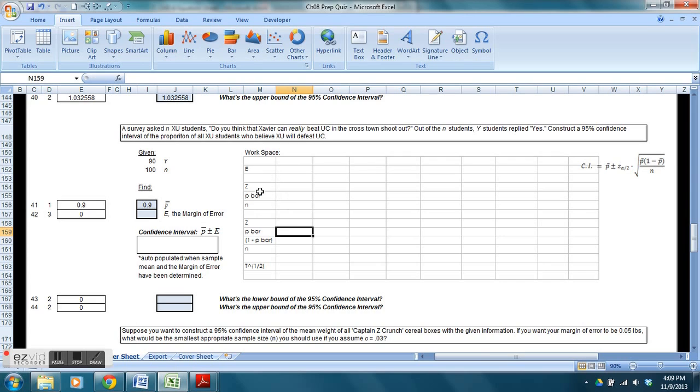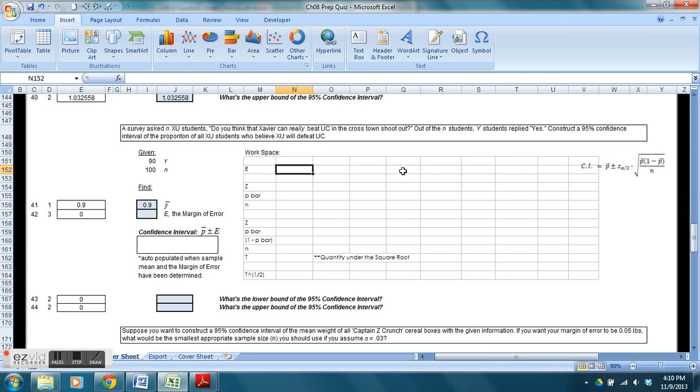So this is partially a duplicate of what's going on right here, but in order to get that total t value, this is our quantity under the square root.